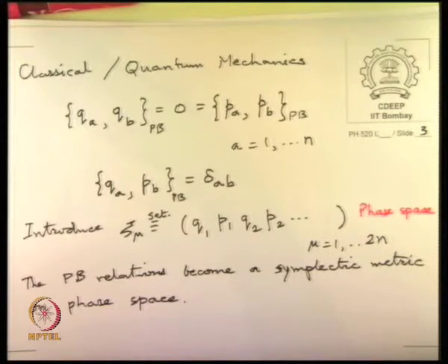And canonical transformations are the ones that preserve Poisson brackets. So the canonical transformations essentially form the symplectic group. I think we wrote the detail last time in symbols. I will not repeat it just now.